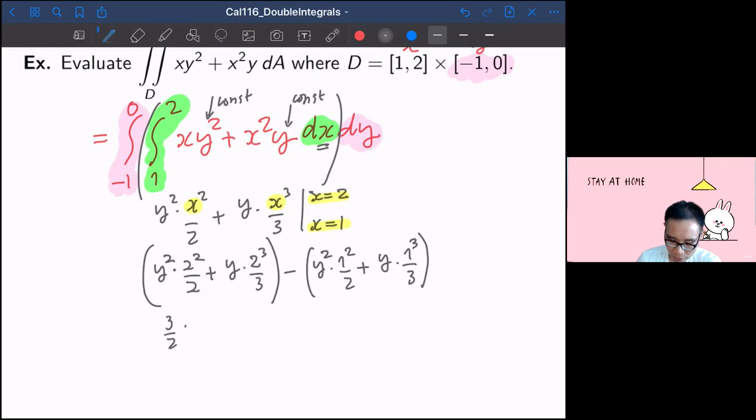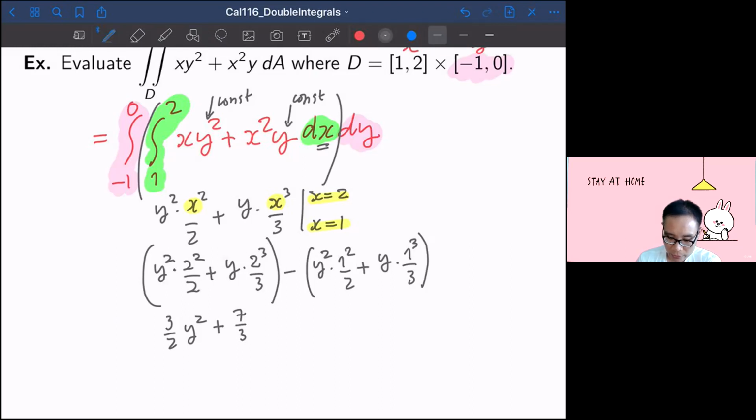And you see that the total that you have will be 3 half y squared. Okay, so combine y squared together, and you have 7 over 3. Okay, so you get 7 over 3 y.